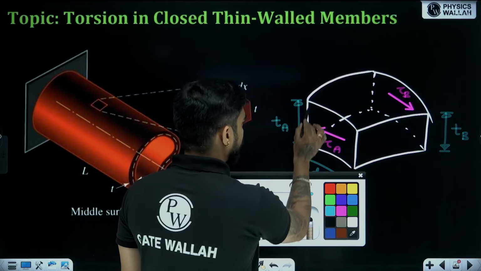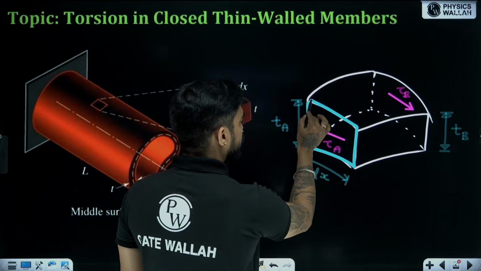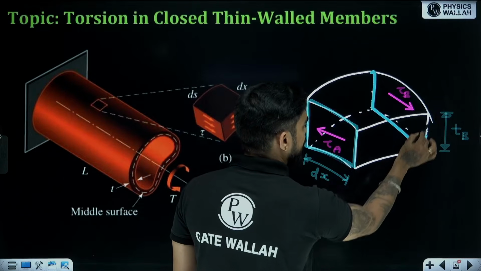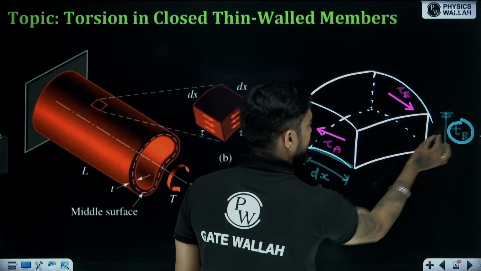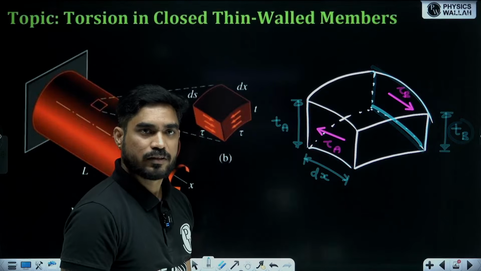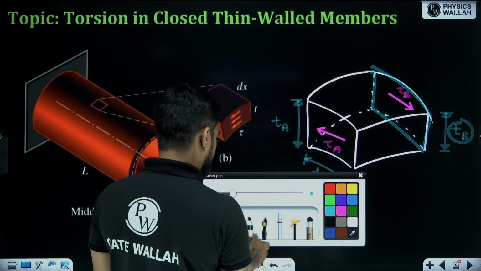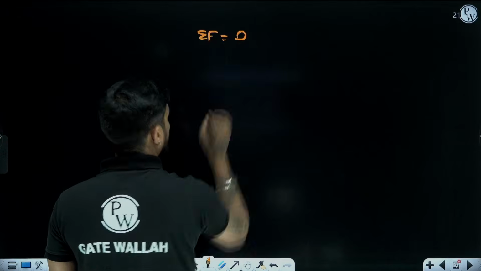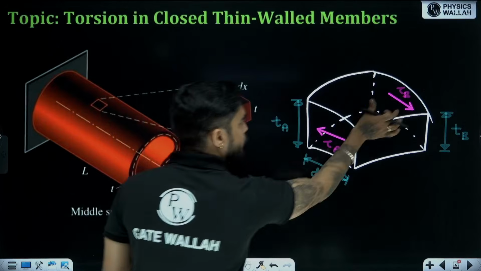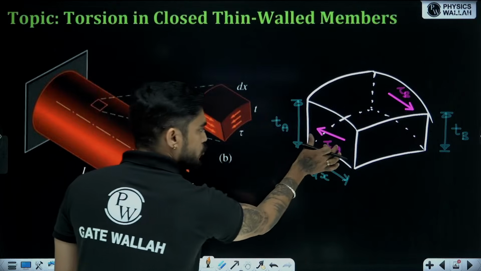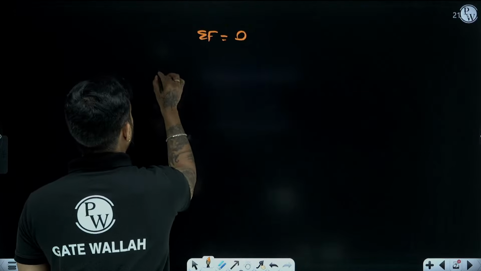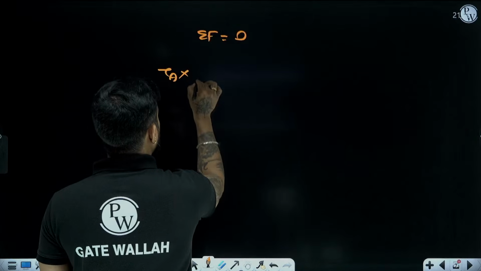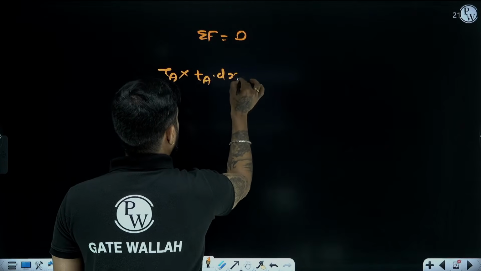So, what will be this area? This area will be TA into dx. And what will be this area? This area will be TB into dx. The net force must be 0, right? The force developed due to this and force developed due to this should be equal. So the force developed due to this tau A will be tau A multiplied by this area, which is TA into dx.